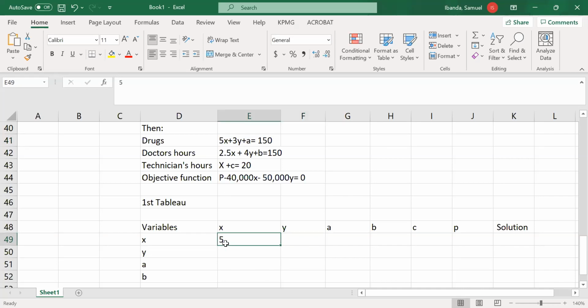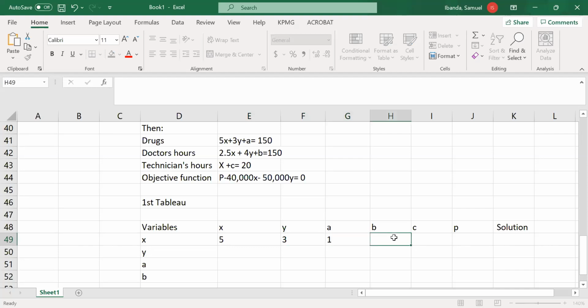And X, we have 5. Here we have 3. Here we have 1. Okay. This is 0. This is also 0. We also don't have anything of P. So then this will get you to 150. Okay. So that is how we have put that in there.